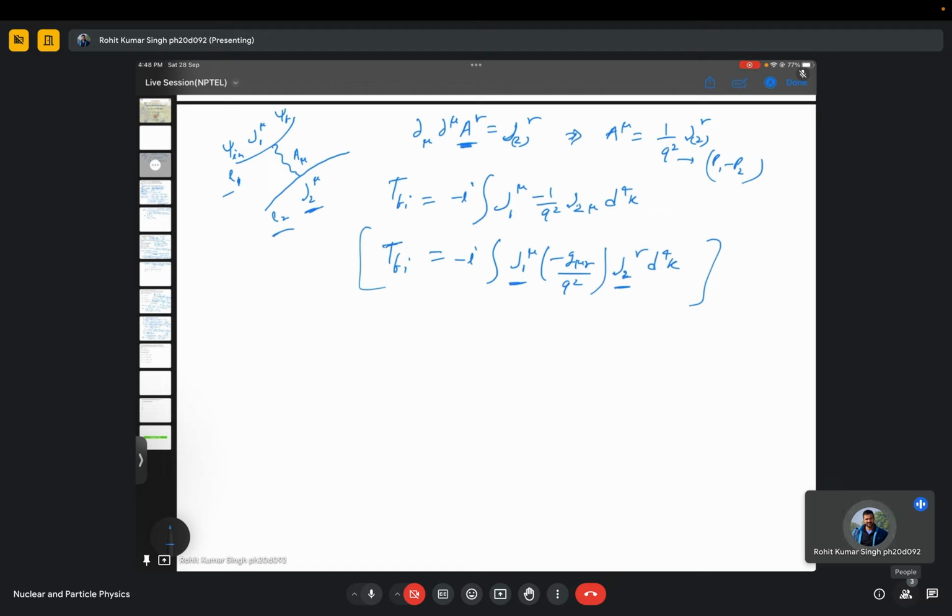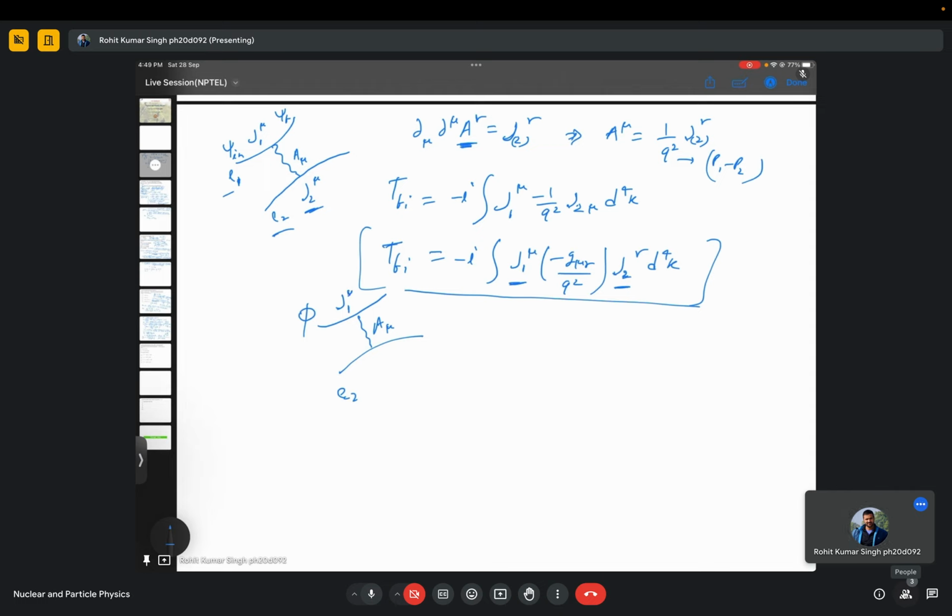Now in our problem, we have a scalar particle given by the wave function phi, and this is now interacting with an electron field via the electromagnetic field produced by this electron. So this equation will not change anything. Instead of the J1 for an electron, you will just use the J1 for the scalar field.